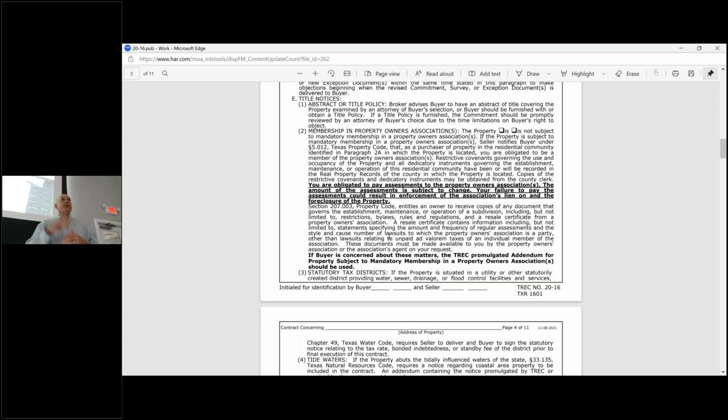In this one situation Ryan was in, the listing agent had provided a MUD notice for the local neighborhood MUD, but had not provided a MUD notice for this statutory taxing district that covers the entire city of Houston. The other one, and nobody knows about the other one. And so he was able, on the basis of not presenting that, to present this offer without an option period. Okay?